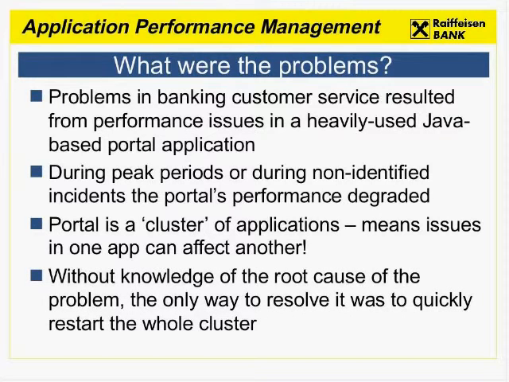And the root cause, if not identified, could cause a problem for more applications than only one. The only way to solve it immediately was a quick restart of the whole cluster, which means a short outage in the worst case.